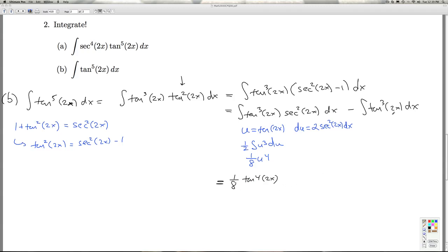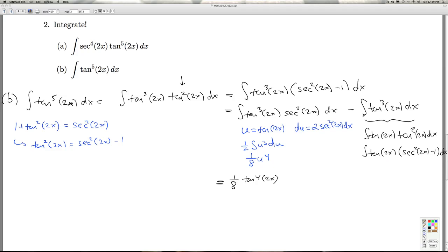Now, what do I do with this integral? Well, once again, I've got a power of tangent all by itself. I'm going to convert some of those tangents to secant squareds. So I can think of this integral as being the integral of tangent 2x tangent squared 2x dx, which is the integral tangent 2x times secant squared 2x minus 1 dx.